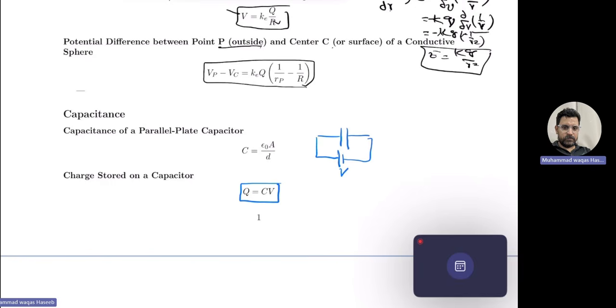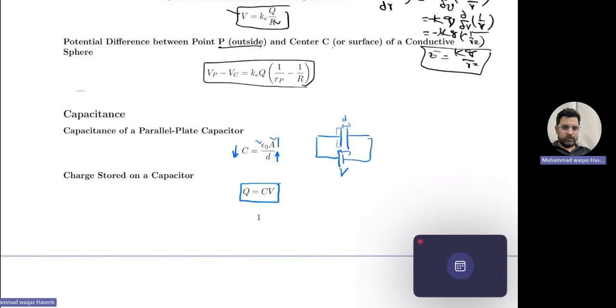For a parallel plate capacitor, because its capacitance depends upon its geometry, epsilon naught is the permittivity of free space, A is the area of the plates, and d is the distance between the plates. If we increase the distance between the plates, capacitance goes down.